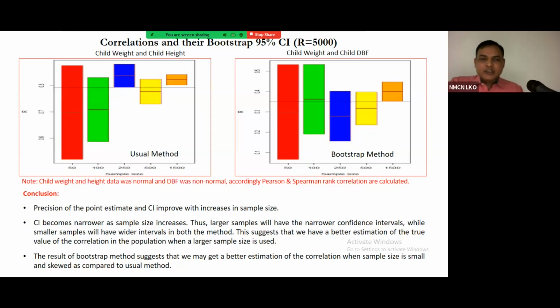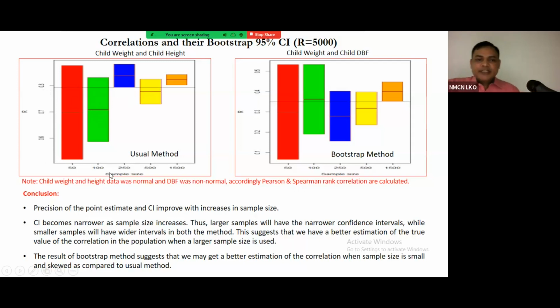So what we can actually see in the picture is that when we have a smaller sample size, the correlation value is underestimated, meaning it is away from the population. Here on the y-axis, the dark line is showing the population correlation R. So in the small sample, the correlation coefficient is farther from the population estimate.